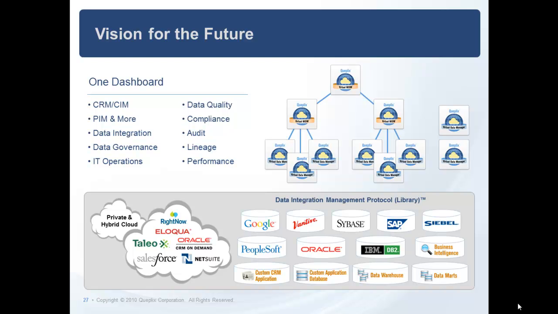Our vision for the future is very Tivoli-like, from the early days when Tivoli presented a view such that you could see the state of every server in your enterprise. It was a new concept. And that vision has not yet been realized for data integration.